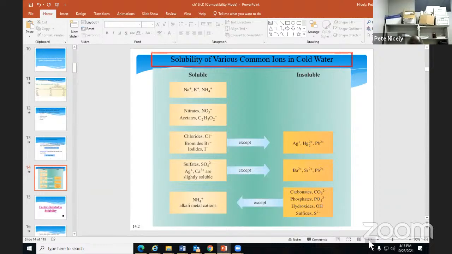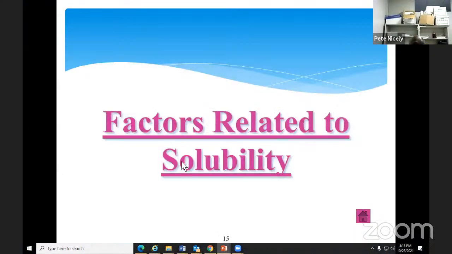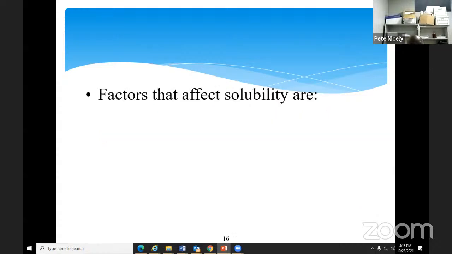Okay, so let me move on from this and talk about the different factors that will affect the solubility of a solute in a solvent. The factors that would affect the solubility of a solute depend in turn on several things, which would include whether or not you're talking about the solute being a gas or a solid or a liquid.